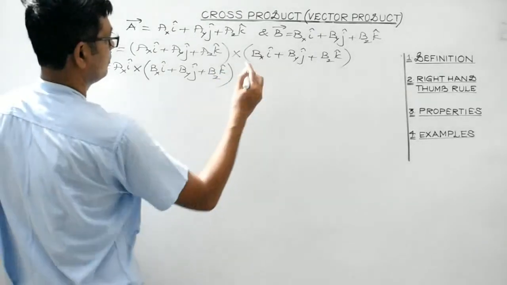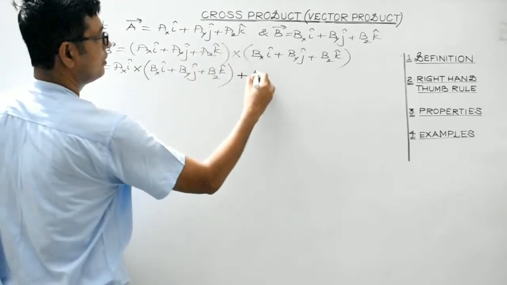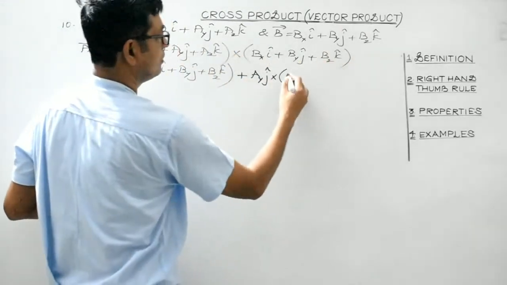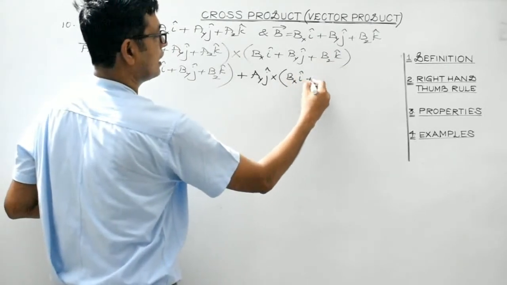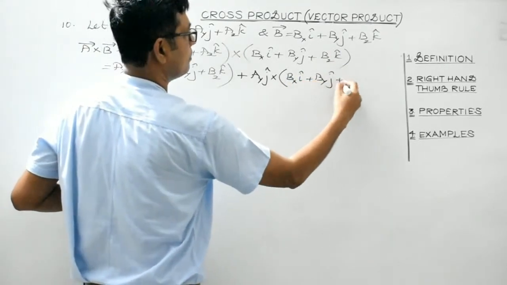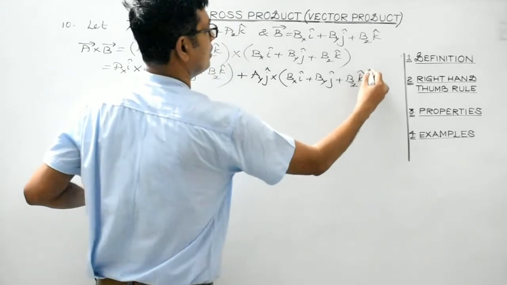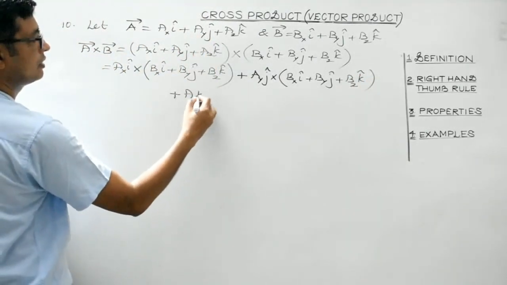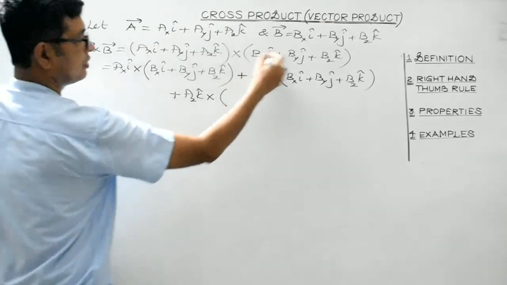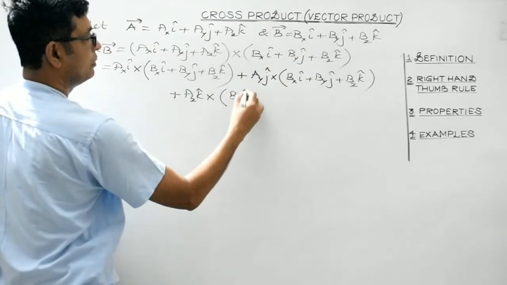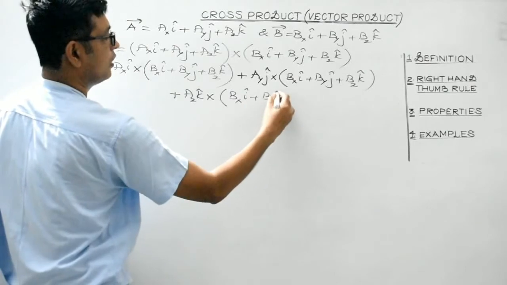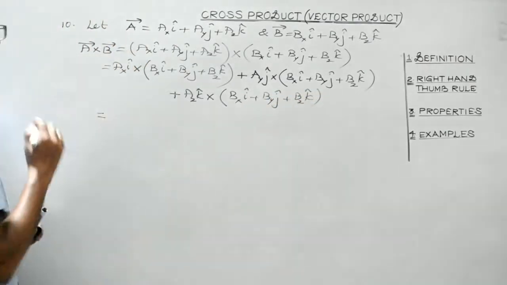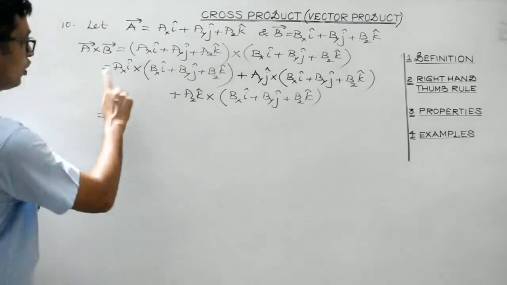Plus, let's consider the second term, ay j cap cross the entire term, that is bx i cap plus by j cap plus bz k cap. And the last term, az k cap cross, again the same term, bx i cap plus by j cap plus bz k cap. Clear, students? Now let's solve it.